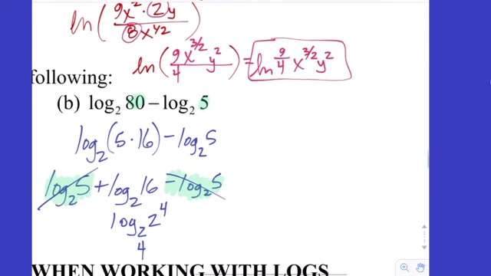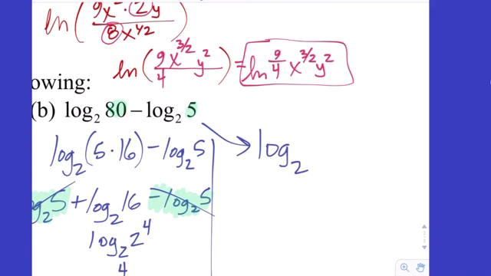Now, that's just one way to do it. Remember the calculus motto, which could be Precal's motto as well: simplify early and often, especially when you have logs. If you don't want to write 80 as the power of 5, could we condense this first? Yes, you can. You have log base 2.